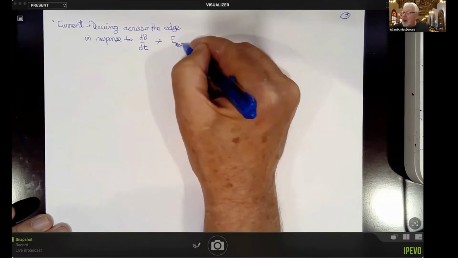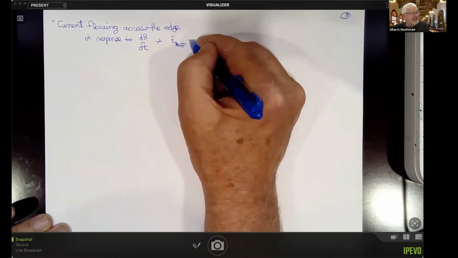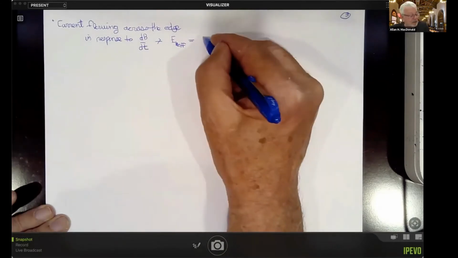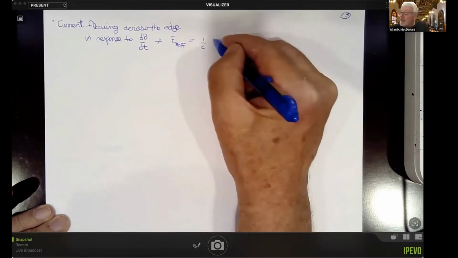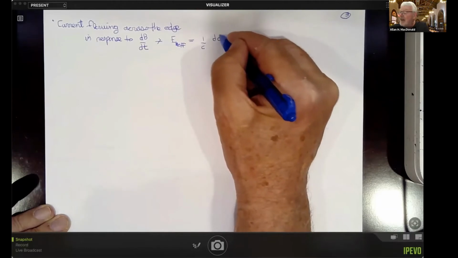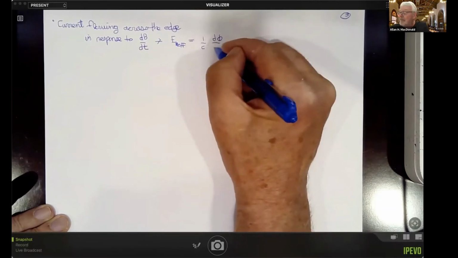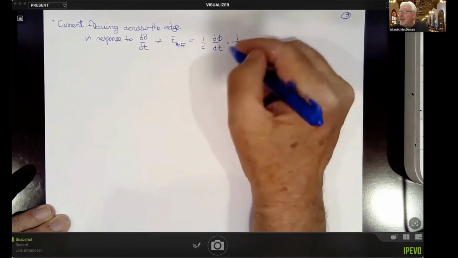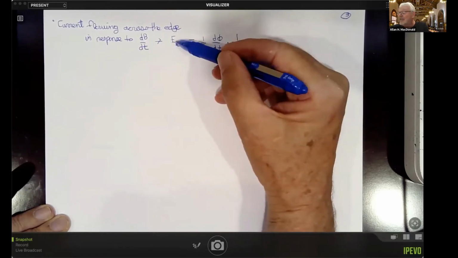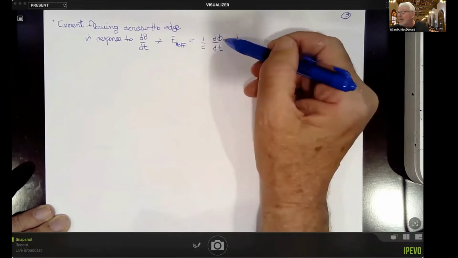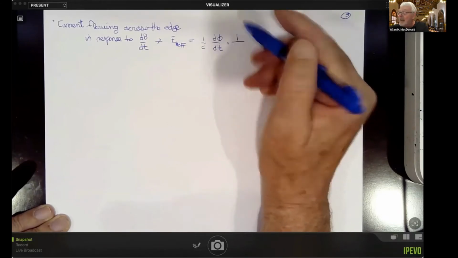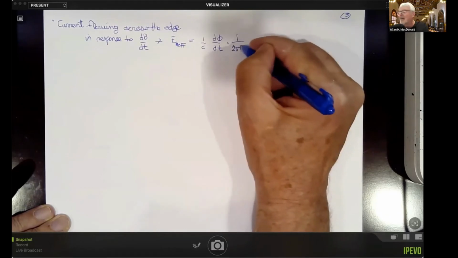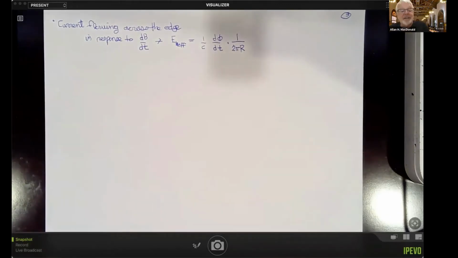at the edge, along the edge, in this case, due to the time-dependent magnetic flux, and that electric field is 1 over C d phi dt, so the electromotive force is proportional to the time derivative of the magnetic flux, and that's spread out across the entire edge, the perimeter of the system.